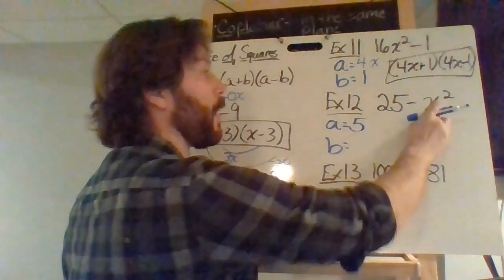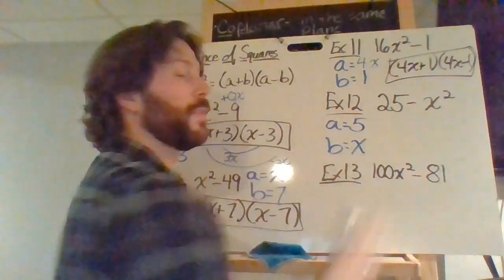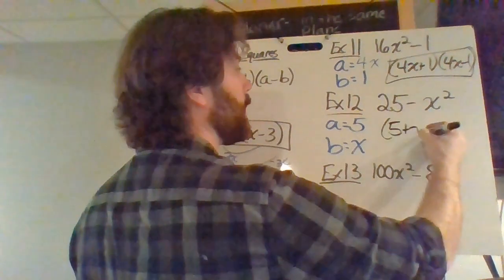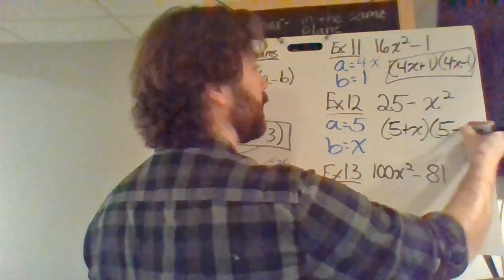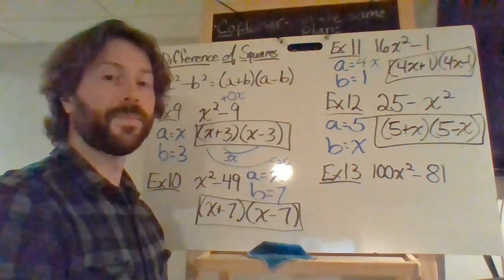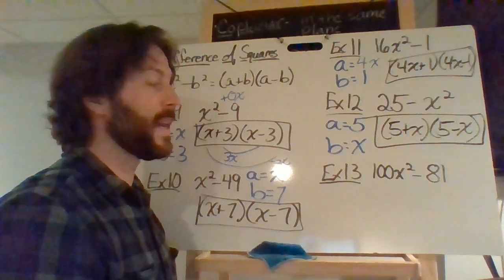And b is whatever I multiply by itself to get that second one. Well, x times itself gives me x squared. So this one factors 5 plus x, 5 minus x. And there we go.